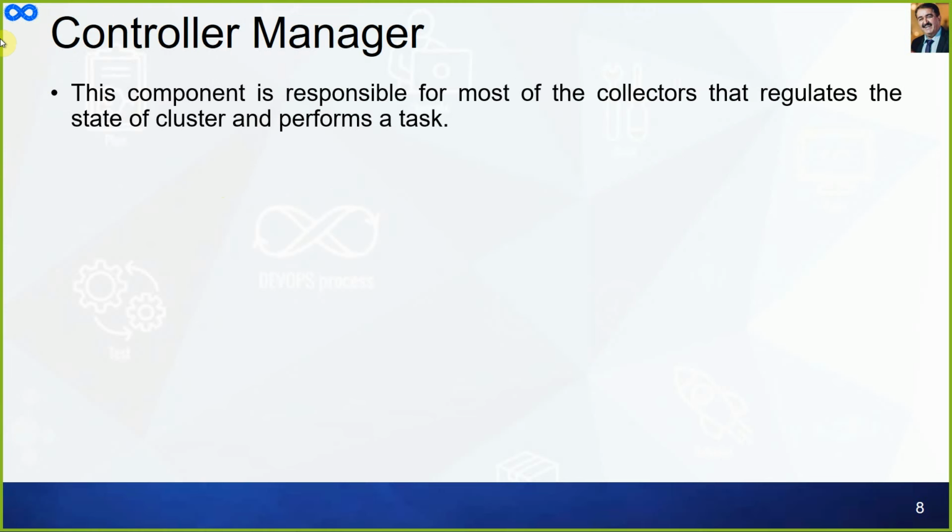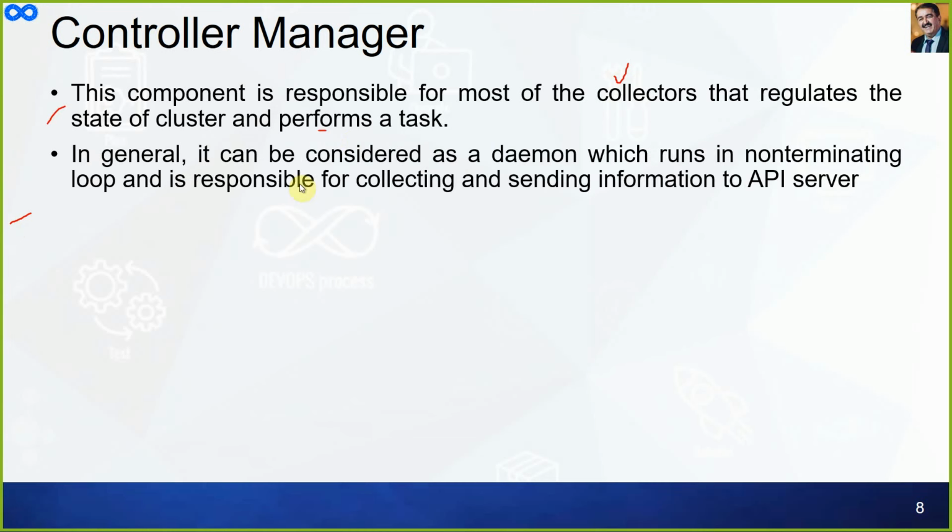Then we have the controller manager on the master. This component is responsible for most of the collectors that regulate the state of the cluster and perform tasks. Therefore it can be considered a daemon running in a non-terminating loop, responsible for collecting and sending information to the API server.